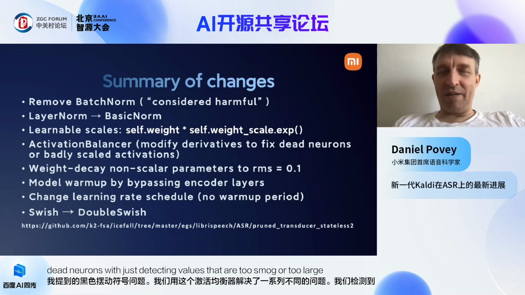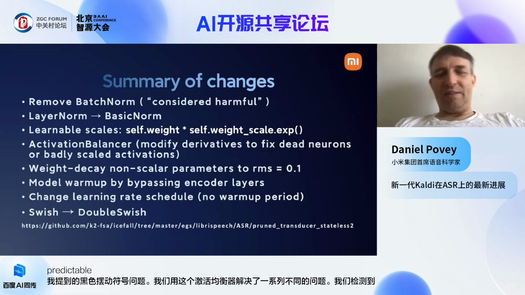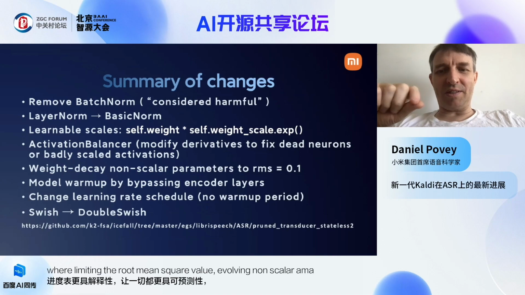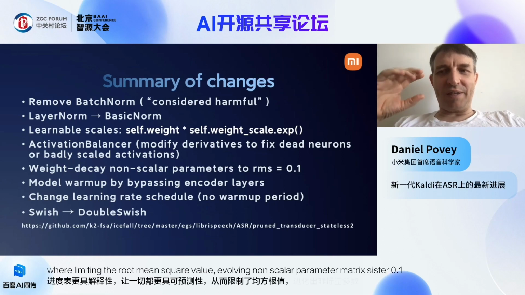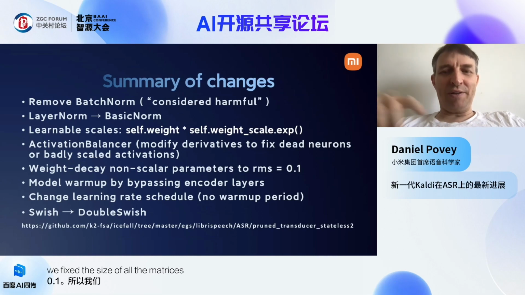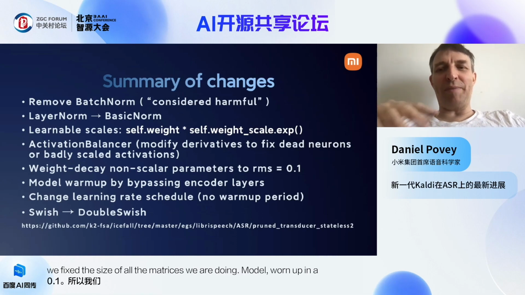To make the learning rate schedule more interpretable and to make everything more predictable, we're limiting the root mean square value of all the non-scalar parameter matrices to 0.1. So we fixed the size of all the matrices. We're doing model warm-up in a different way.